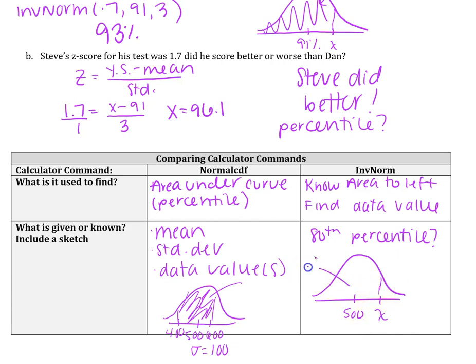You would know that the area to the left of this value would be 0.8. So you would still know the mean, you'd still know the standard deviation, but you'd also know some information about the area under the curve, and that's what you'd use to find the data value. Okay, so that's the end of our notes, and that's the end of our probability unit.